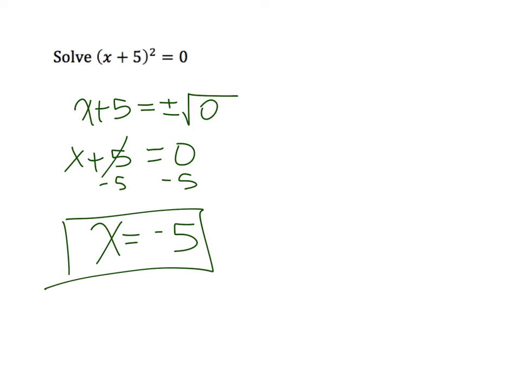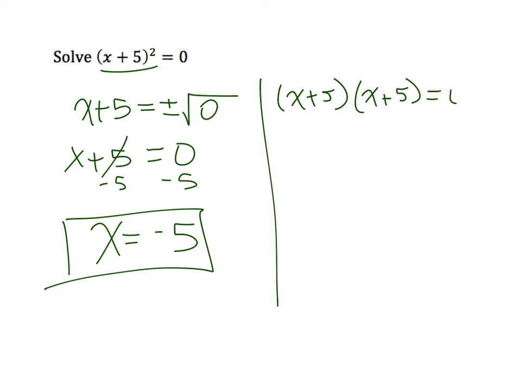Usually whenever we have x squared, we're used to having two answers. But if it's something like this, x plus 5 squared is equal to 0, you actually only have one. It's a repeated factor. So if I was to do it the other way, if I make this a product of factors, x plus 5 times x plus 5 is equal to 0, because this is just x plus 5 squared, x plus 5 multiplied by itself, right?